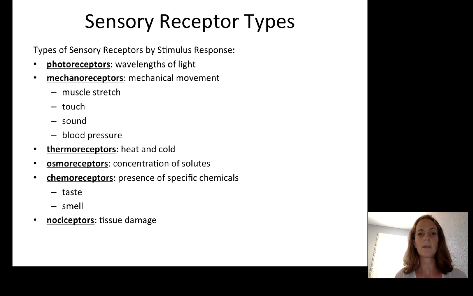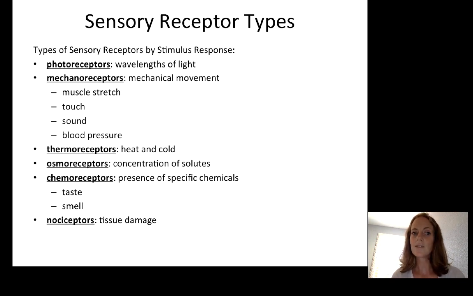Photoreceptors respond to wavelengths of light. That's what we have in our eyes for vision. Mechanoreceptors respond to mechanical movement, for touch, for pressure, for muscle stretch. When you push on the receptor, it will actually push open the ion channels, and that will cause depolarization of the cell.